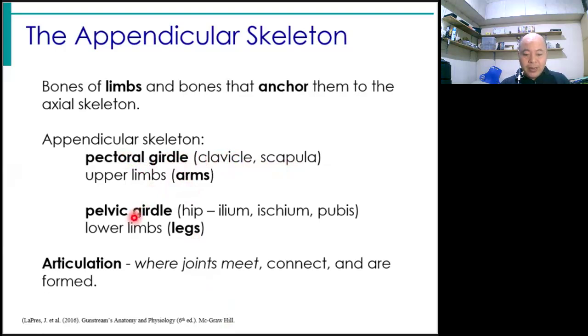And the pelvic girdle, or your hips. Actually, your hip seems to be just one bone, but it is several portions fused together. You have the ilium, ischium, and pubis. And this is where the legs are attached. So we have joints, and where the joints meet, connect, and are formed, we call these articulation.